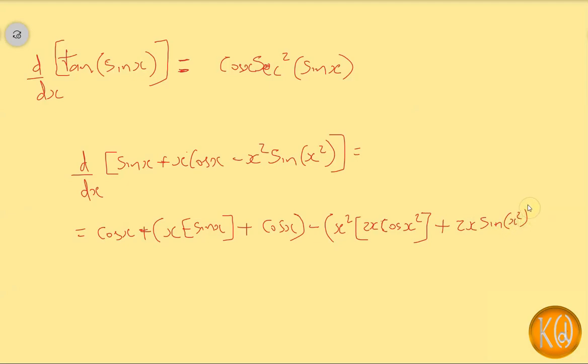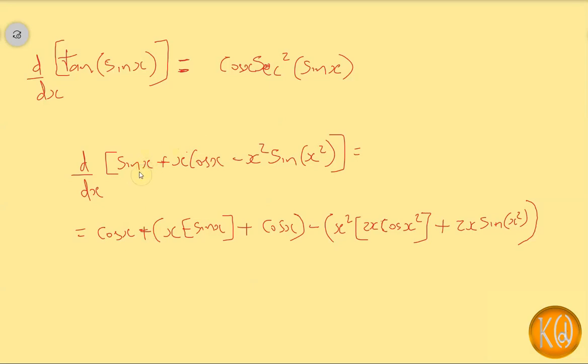Okay, close our bracket. So therefore that is the derivative of sine x plus x cos x minus x squared sine of x squared. Okay, so let's check.